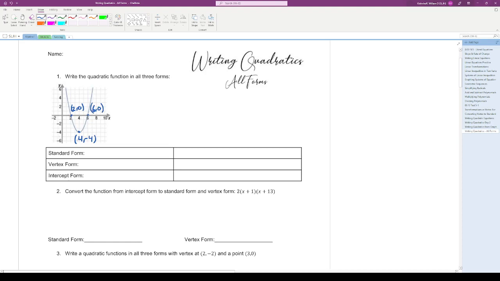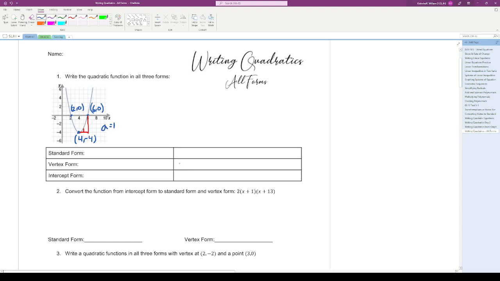And then, as we looked at yesterday from reading from graphs, our growth rate is just our normal parent function growth rate. We go over 1 and up 1, or over 2 and up 4. So we're growing at a rate of y equals x squared, so our a value is 1. So we have everything we need to write intercept form and vertex form.